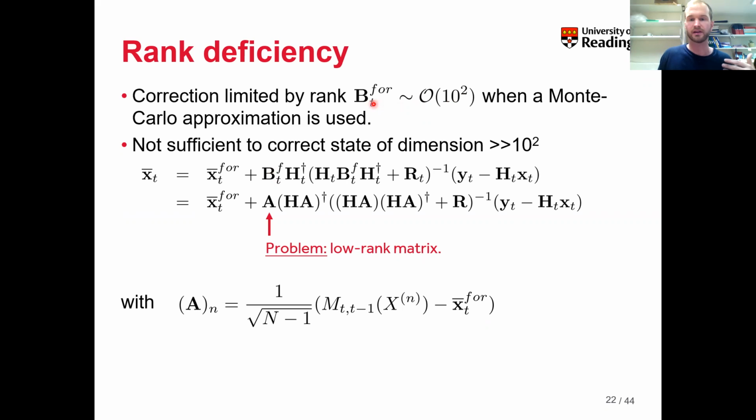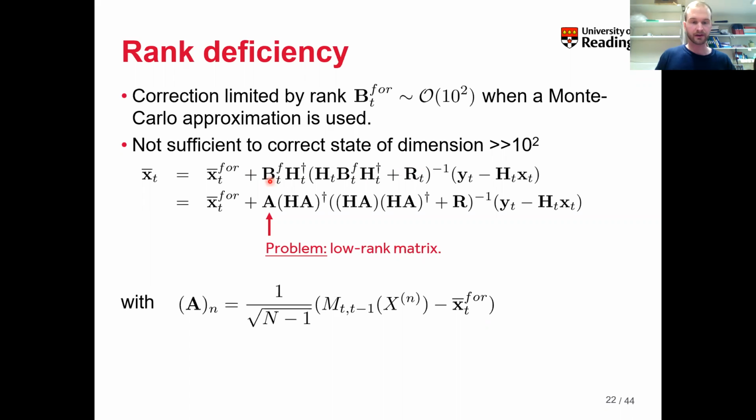And since we're using only a very limited amount of samples, usually between 10 and 100 samples, this matrix is of low rank, which means there are not enough degrees of freedom to correct all errors in your model. So somehow it's necessary to increase the rank of the B matrix.